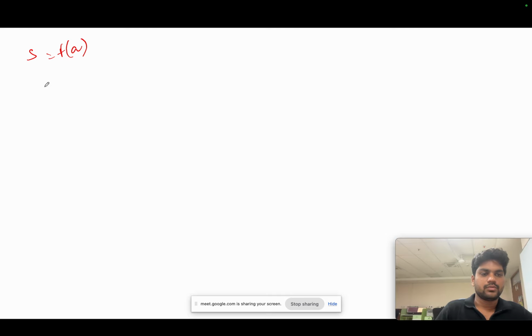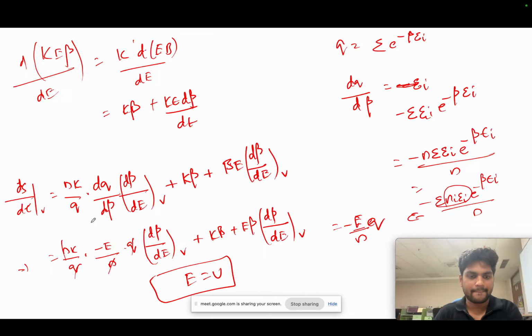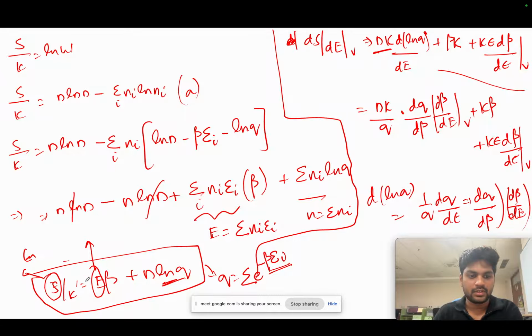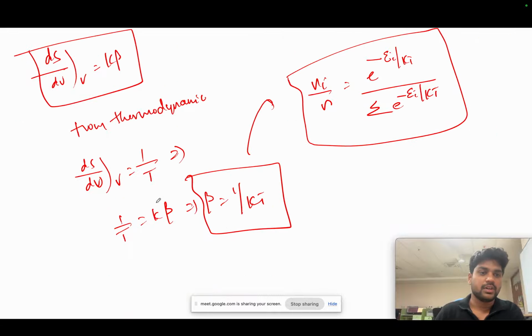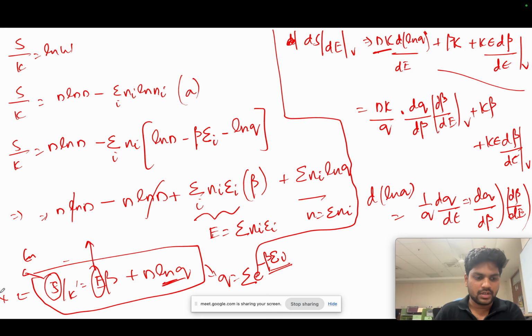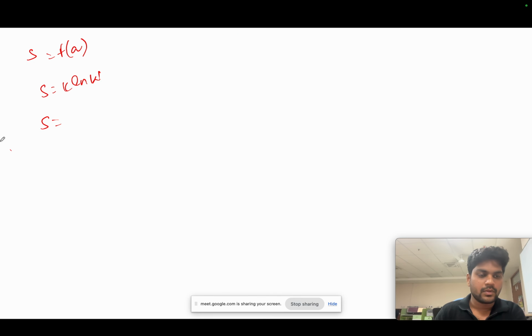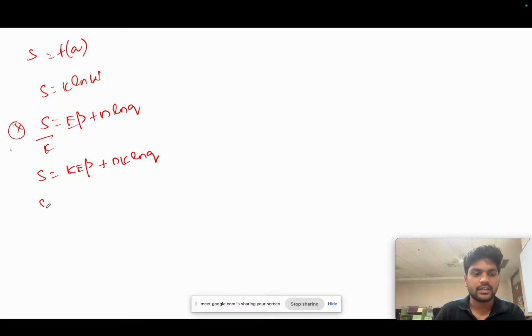S as a function of Q, so you know that S equal to k into ln W. So now S, which we have done here, this one, S by k equal to E beta. Now I am using this formula. So from this we know that S by k equal to E beta plus N ln Q, which says S equal to kE beta plus Nk ln Q. Now we can write beta as 1 by kT, so then k will get cancelled.